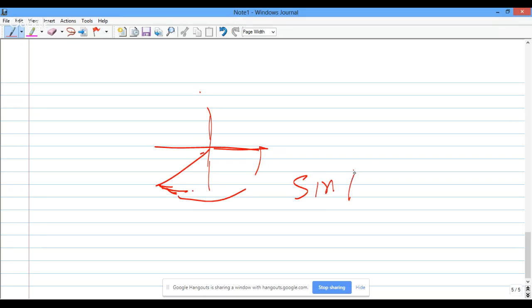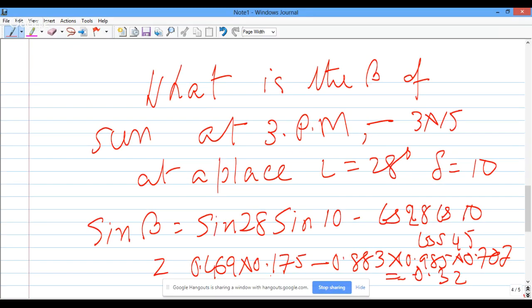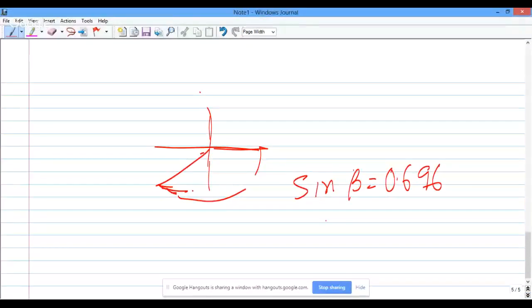Sine beta equals 0.696, so there's some mistake in the earlier page. There's some minus there. It's plus, sir. This is plus. Yeah, so this is right; the formula was wrong. So sine beta comes out to be 0.69, and beta will be 44 degrees 14. So that's what it is.